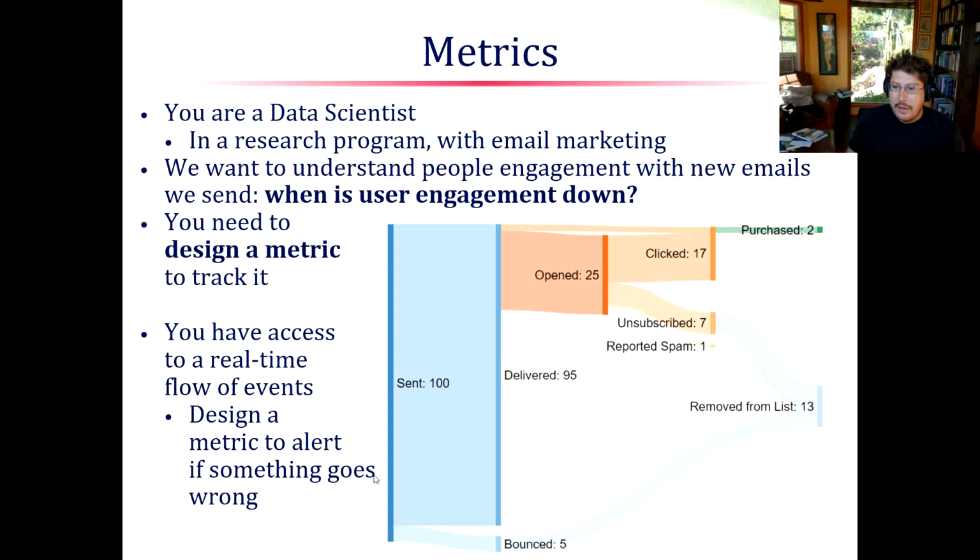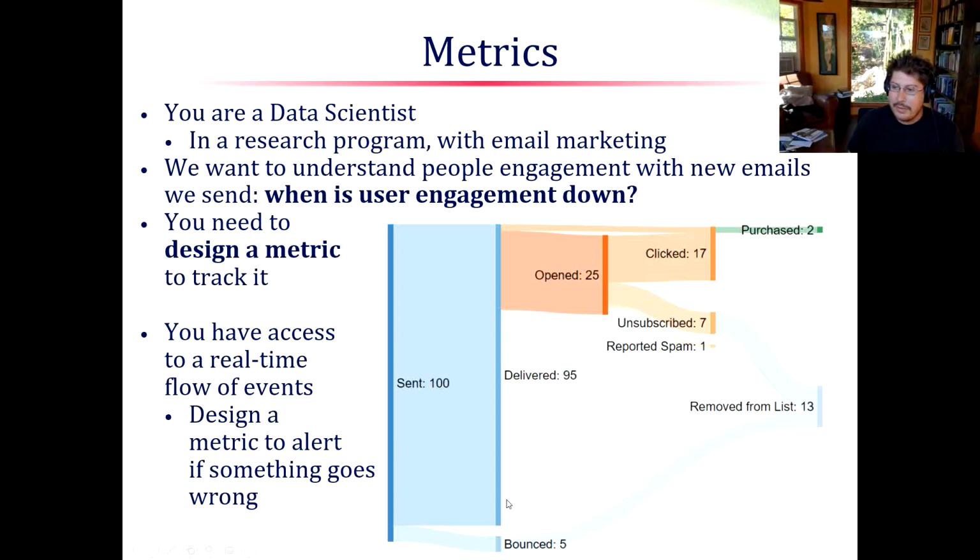For the purpose today, assume you have access to a real-time flow of events. So every time something happens in the world, you get sent that little piece of data, and you want to design that metric. So here's a typical flow. This is called a Sankey chart. At the beginning, you have 100 emails being sent, so 100%. Some percentage of those emails bounce, and bounces are immediately removed from the list.